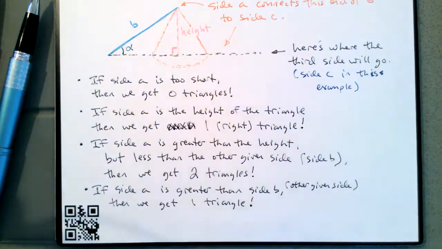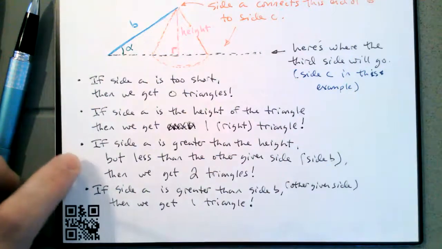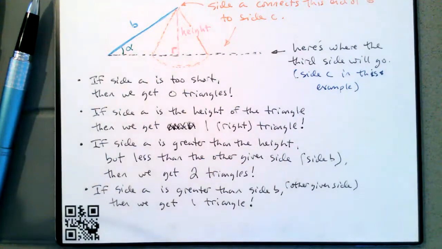Now, this sounds like a mess. Here's the good news. We don't have to classify this right away. We just have to be aware that this could happen. The numbers will work themselves out. We just have to be prepared that side-side-angle could give us two triangles and be ready for that to happen.